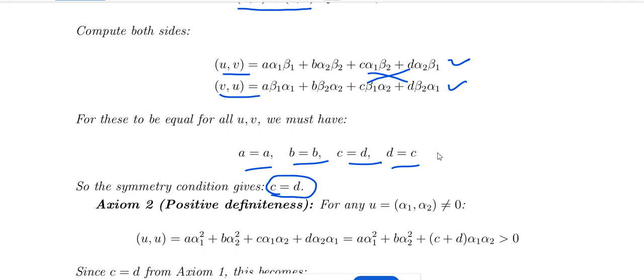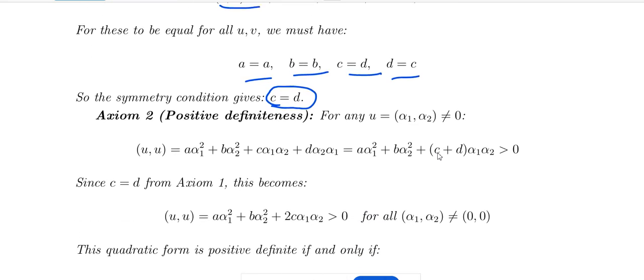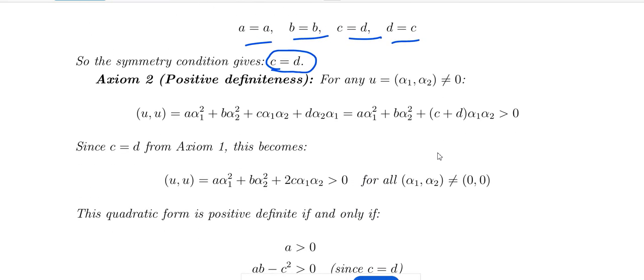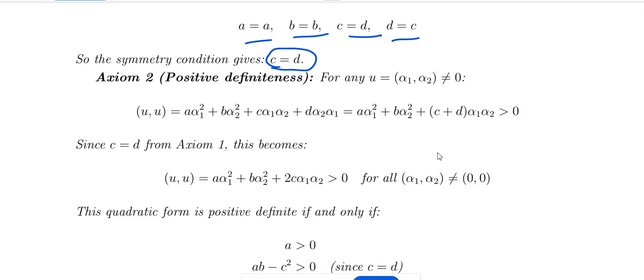Another property is positive definiteness. For any vector u equal to (alpha 1, alpha 2) not equal to 0, the inner product of u comma u, it is the same vector, not a different vector, is a alpha 1 squared plus b alpha 2 squared plus c alpha 1 alpha 2 plus d alpha 2 alpha 1.